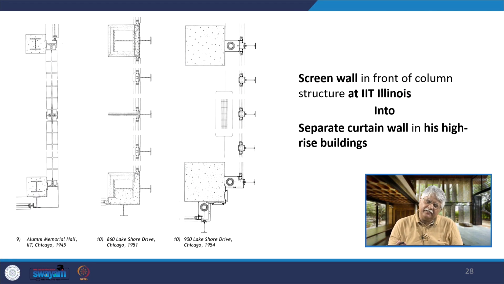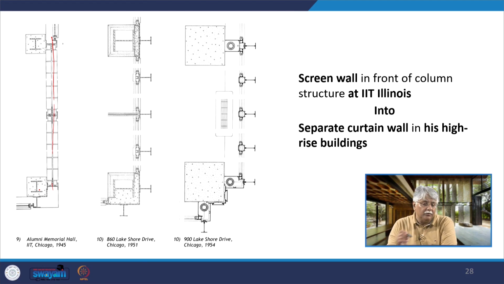And the facade itself underwent transformation from the earlier example in IIT Illinois. I'm sorry, not Crown Hall, but the Alumni Memorial Hall in IIT Illinois. Here, this was the structural system, and there was a screen wall in front.